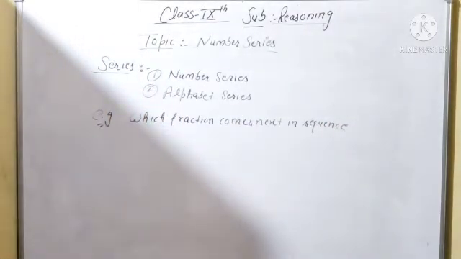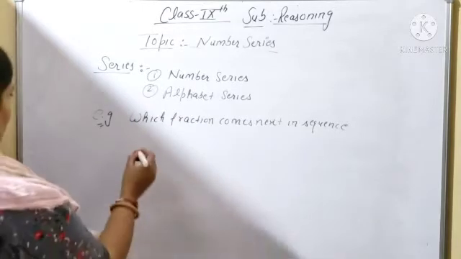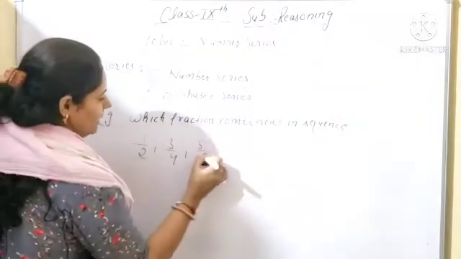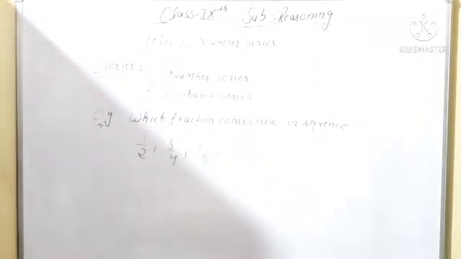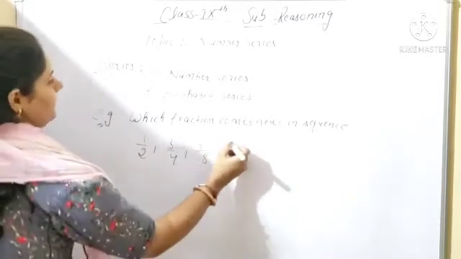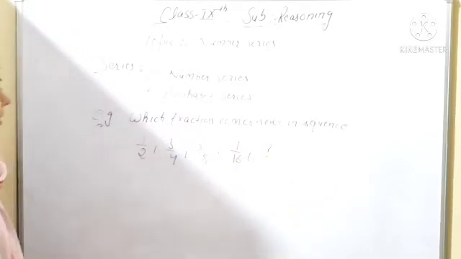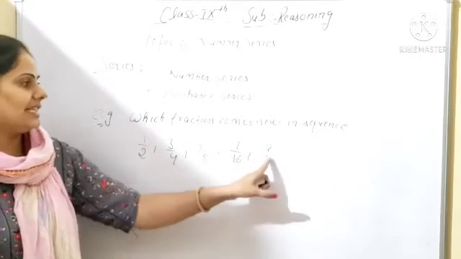You have to find out the next one. So what is the sequence? 1 by 2, 3 by 4, 5 by 8, next one 7 by 16. So what will be the next in the sequence? Clear? So here you have to find out what will be the next in the sequence.